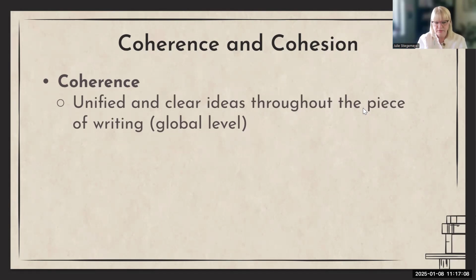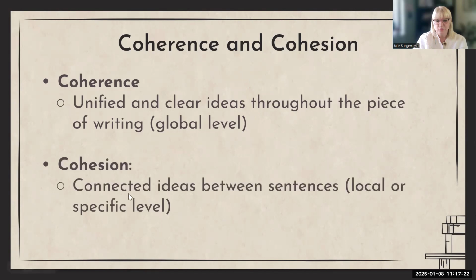Everything's unified, right? But we refer to coherence on the global level. So the unified and clear ideas throughout the piece of writing are focused on with coherence. Whereas with cohesion, we have at the minute level, the local level, the connections or ideas between sentences.